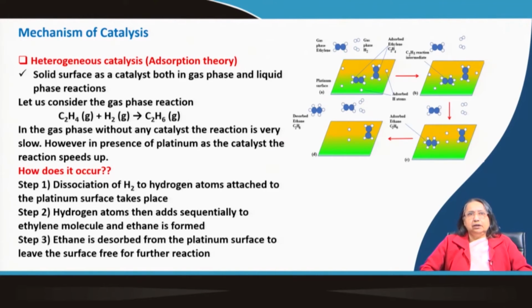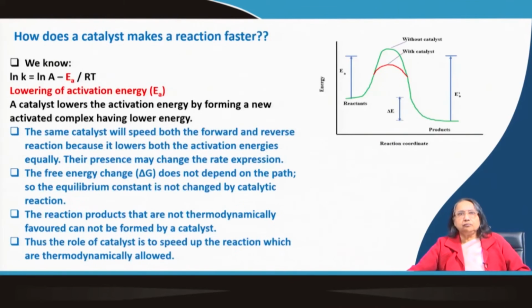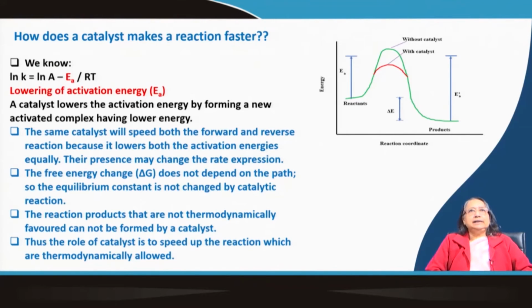Okay. Now, how does a catalyst make a reaction faster? I told you already that it goes through another route. This is the Arrhenius equation you have already seen when I discussed chemical kinetics in module 3. EA is the activation energy.